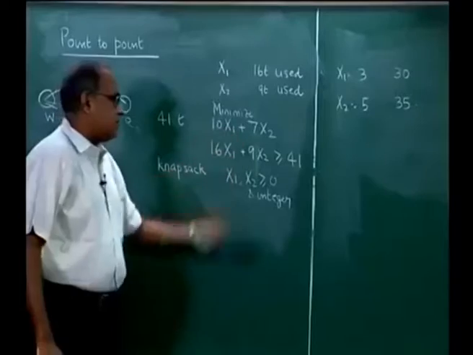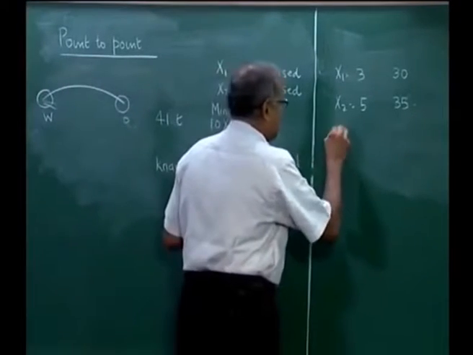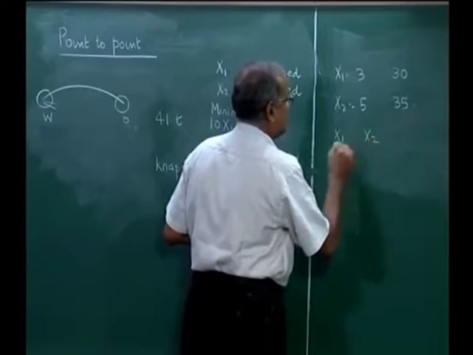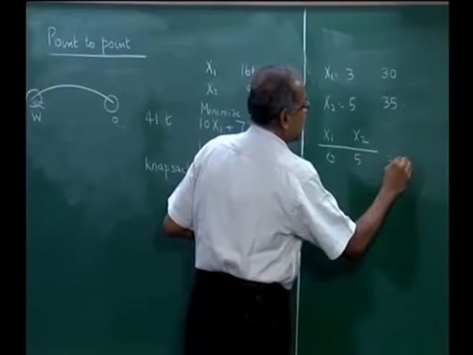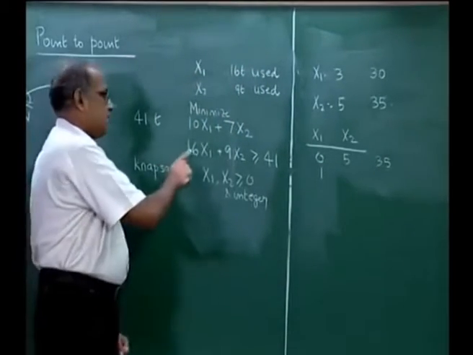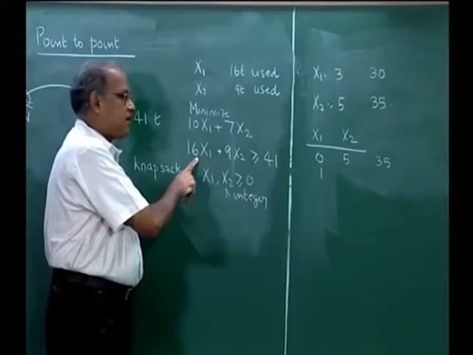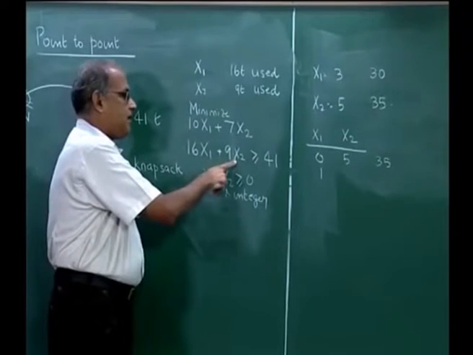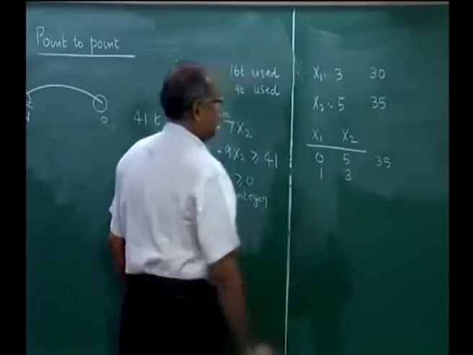So, we could simply think in terms of an enumerative algorithm. We can simply enumerate x1, x2. So, x1 is 0, x2 is 5, cost is 35. x1 is 1, so this would give us a capacity of 16. From here we need a capacity of 25, so we will have 3 here.